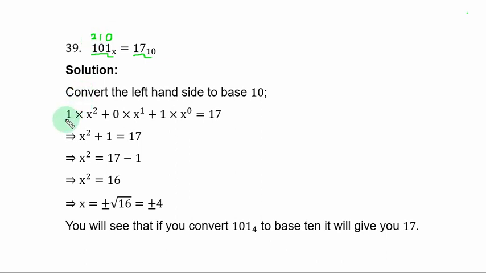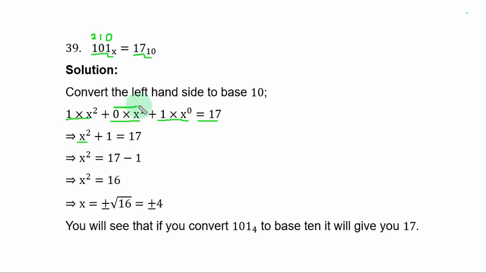So you multiply 1 by s to the power of 2 plus 0 times s to the power of 1 plus 1 times s to the power of 0 equal to 17. 1 times s square is s square.